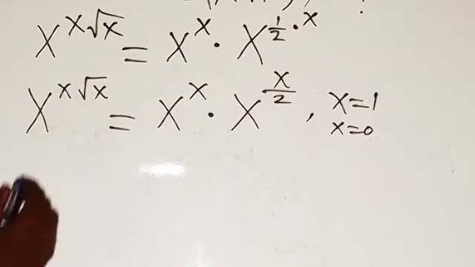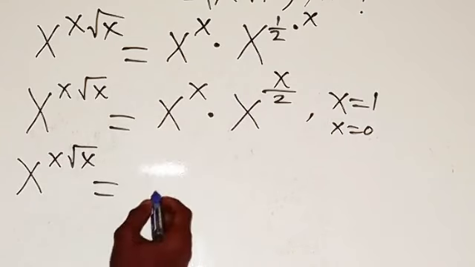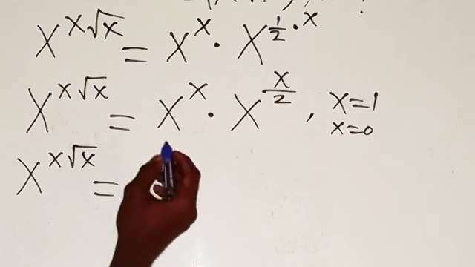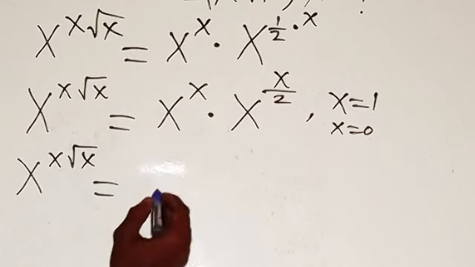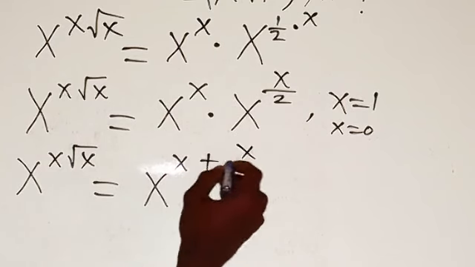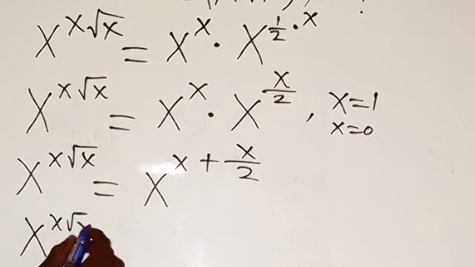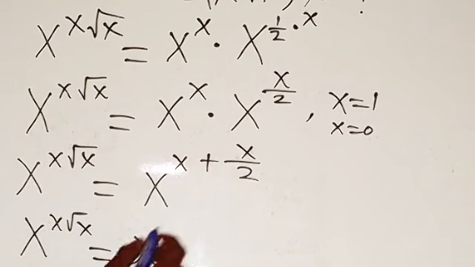We have x root x equals, now here we are going to use the indices rule here. We have x here, we have x here being multiplied, the powers will be added, we have x over 2.